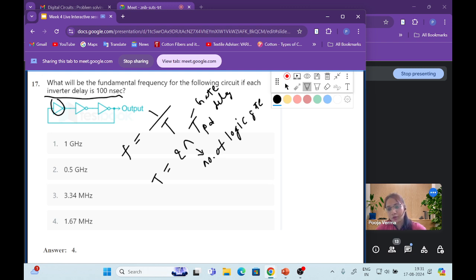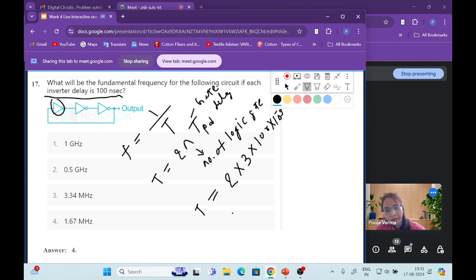So first we need to find out T. So 2 is 2, the number of gates is 3, right? And TPD is given as 100 nanosecond. So 100 into 10 to the power minus 9, right? Nanosecond is represented by minus 9.